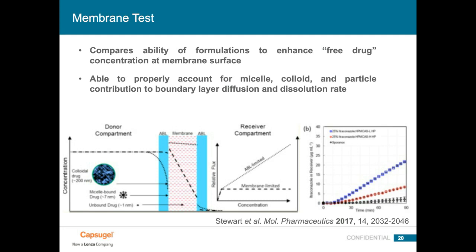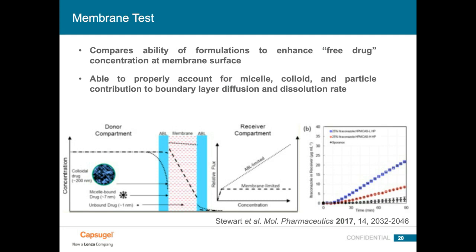So there's a donor compartment and a receiver compartment separated by a membrane. And typically when we run this test, that membrane is a lipid-filled artificial membrane, not unlike a PAMPA membrane. And we look at the drug concentration over time in the receiver compartment to compare formulations.